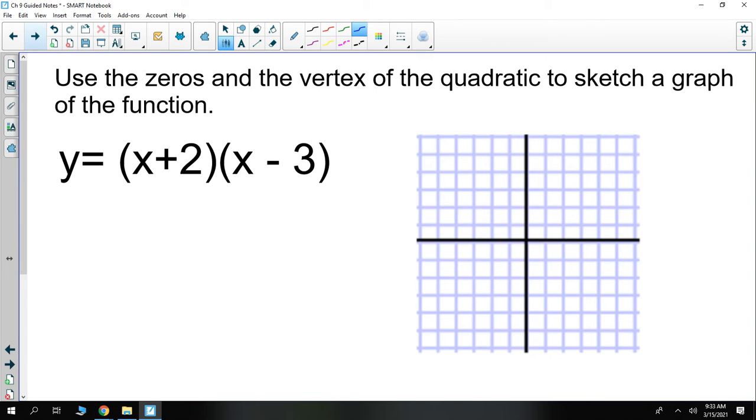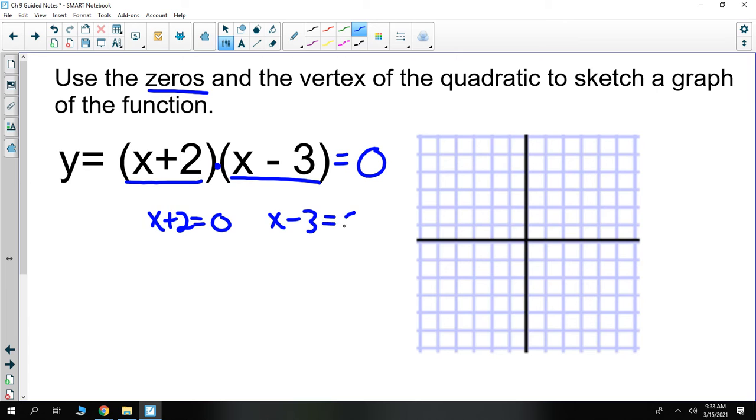It says use the zeros and the vertex of the quadratic to sketch a graph of the function. Okay, so I should be able to find the zeros because I can set this thing equal to 0. So when will this thing equal 0? Well, it's already in its factored form, so it's equal to 0 when each of these factors equals 0.